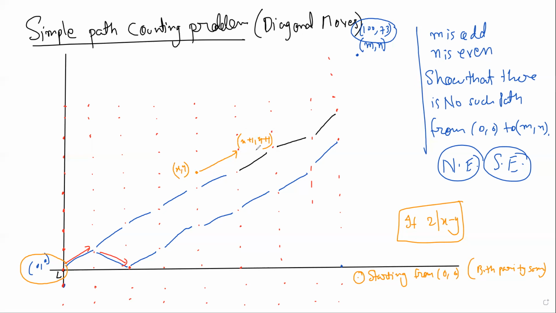Same. It remains the same. Agreed? If you move southeast, parity remains the same.